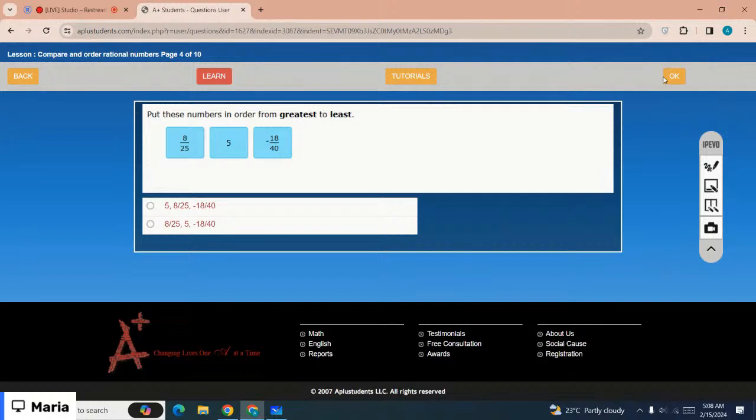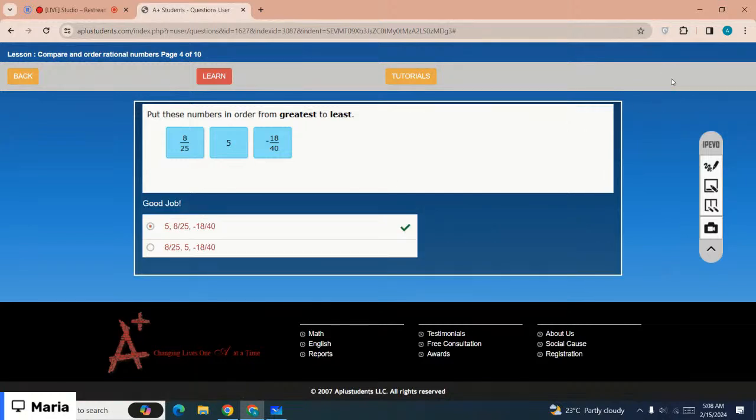That is option number 1 is the correct option. You have to arrange from greatest to least. That is 5, 18 over 25 and negative 18 over 40 is the correct option, right?